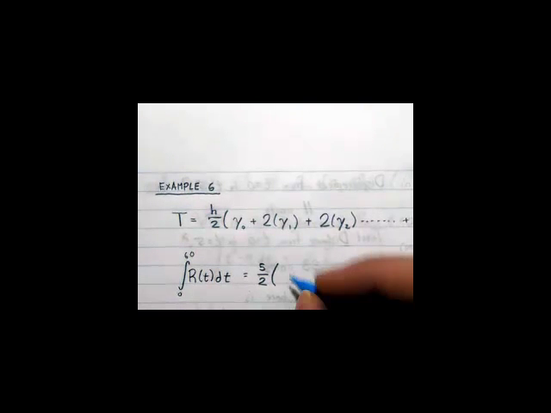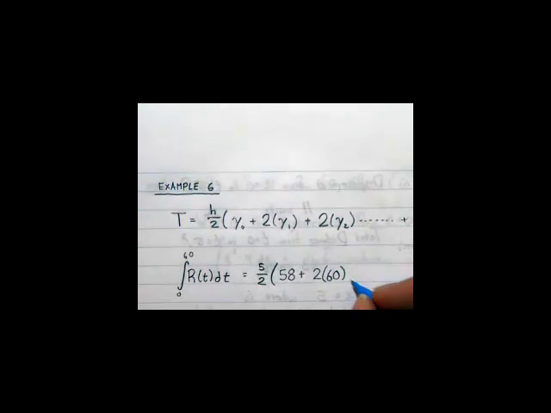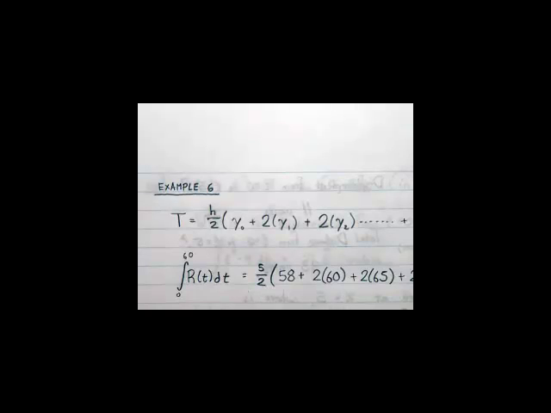So the first one we had was 58. And then we had 2 times 60 plus 2 times 65 plus 2 times 64, etc., until we get to the last ones, 2 times 63 plus 63 as the very last one.